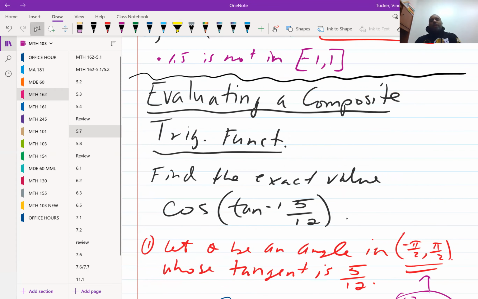All right. So evaluating a composite trig function. This time we're going to mix them up a little. It's not going to be cosine to cosine or sine to sine. It's going to be like cosine, in this case, cosine of tan inverse of 5/12.